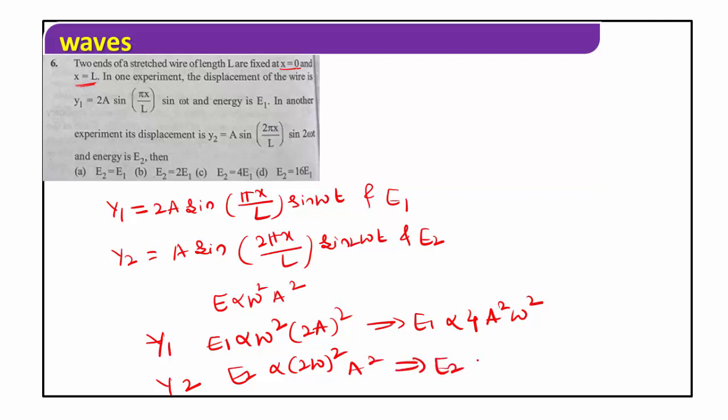Hence, E2 is directly proportional to 4, the square of its amplitude into omega square. Therefore, E2 is equal to E1. Option A is the right answer for this question.